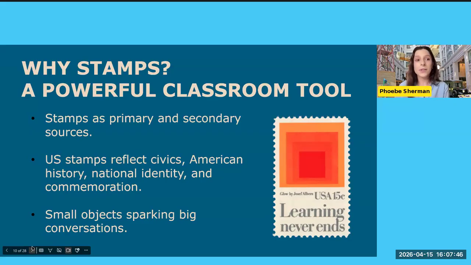Thinking about them as primary sources because they are created at a very specific moment in time, that moment then reflects the values, priorities, and historical context of the government and the society that produced them. In that way, they provide firsthand evidence of how a country chooses to represent itself in that moment.